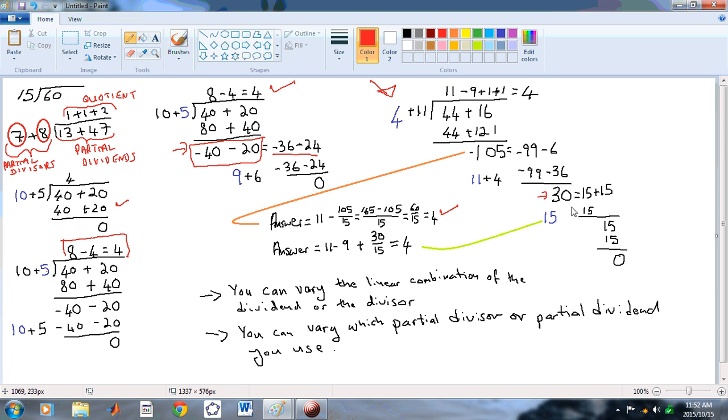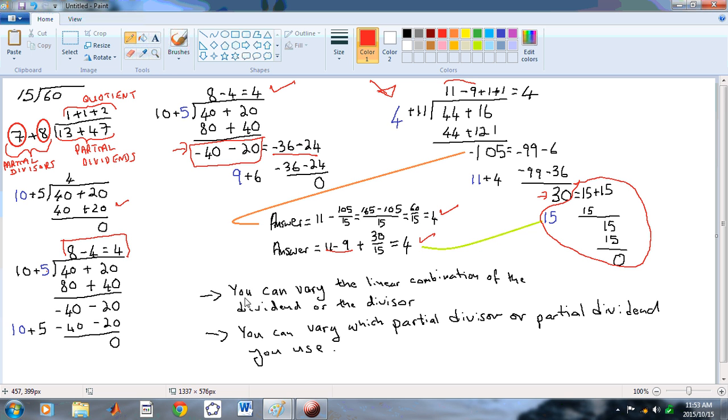And if I decided to quit here and not continue the rest of this process, I'd still get the correct answer, because I'd have 11 minus 9, this one here, plus the remainder 30 over 15. And if you calculate this out, that's 11 minus 9 plus 2, which is 4 again. So I'll always get the right answer regardless of what I do in my partial division process.